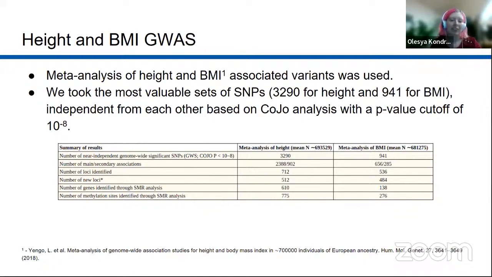We used the summary statistics from the largest, to our knowledge, meta-analysis of height and body mass index associated variants. We took the most valuable sets of SNPs reported by the authors that are assumed to be independent from each other.